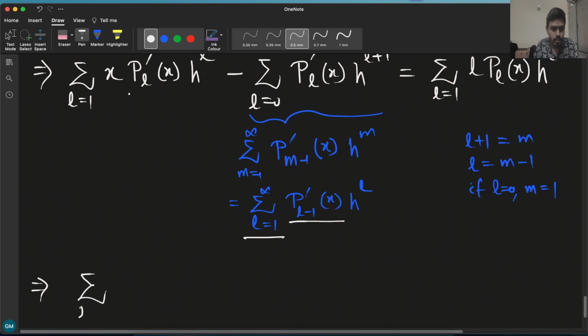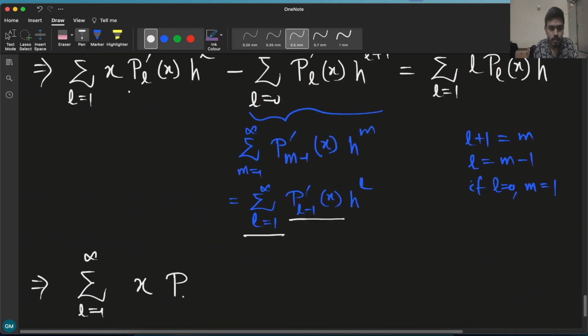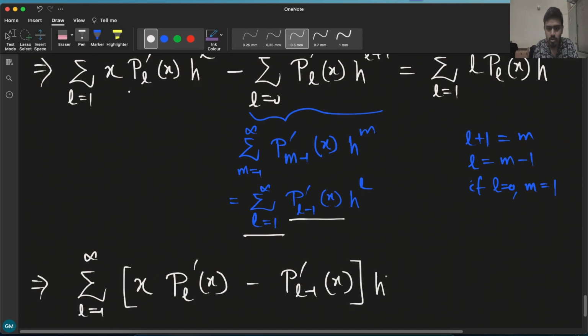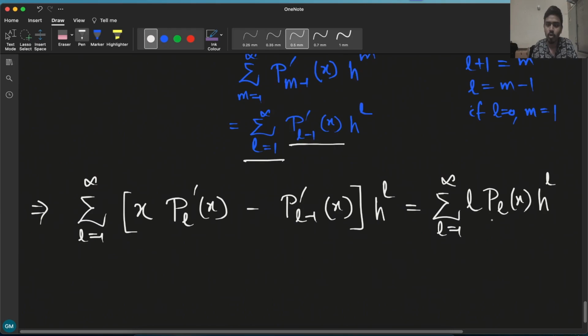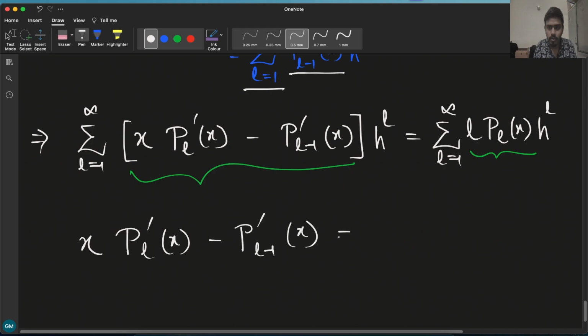So now I will put them together. There is the sum over L equals 1 to infinity of x p dash L x minus p dash L minus 1 x times h to the power L equals the sum over L equals 1 to infinity of L p L x h to the power L. Okay, and now if I compare the coefficients of h to the power L, then I can write that x p dash L x minus p dash L minus 1 x equals L times p L x.